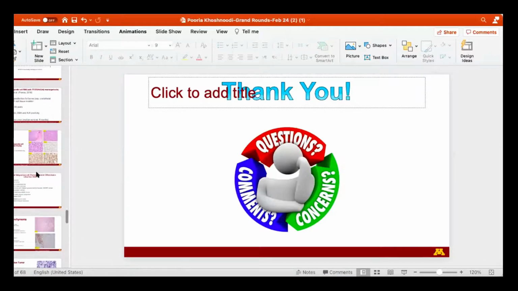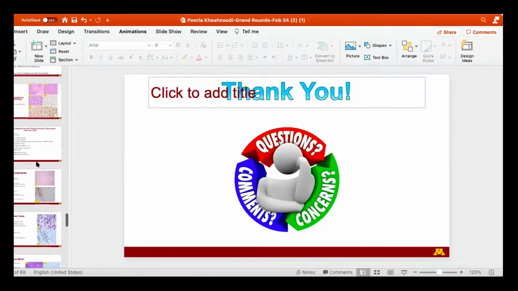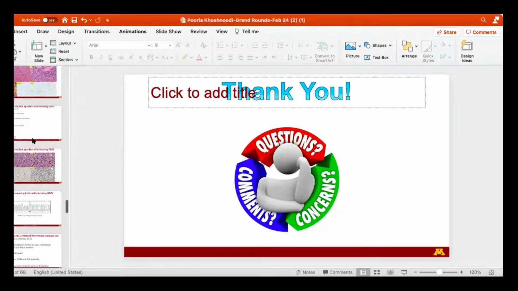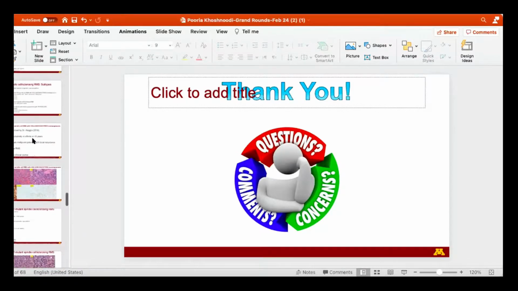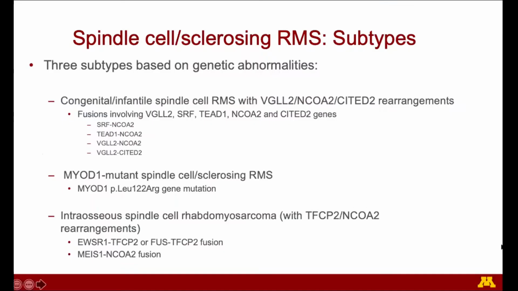I talked about the fourth group that is in the WHO book. Let's go over them again. So let me show it to you here. Probably I talked about them a little fast, but these tumors have already been described with these fusions, and as I said, they do not have a good prognosis, especially the MyoD1 mutant spindle cell sclerosing rhabdomyosarcoma with this MyoD1 point mutation.